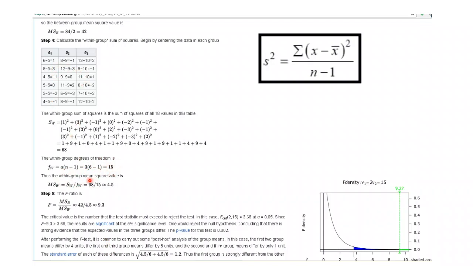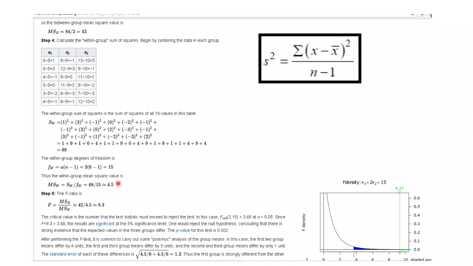Thus, the within group mean square value is the summation of within divided by the degree of freedom. This is 68 divided by 15, which is almost 4.5.